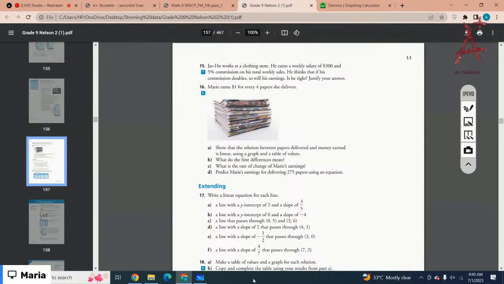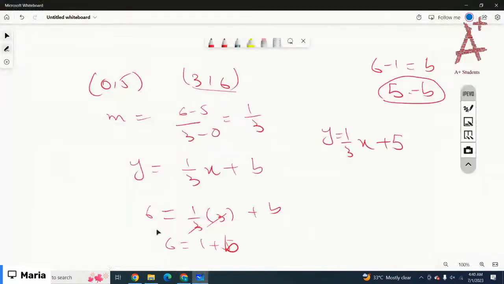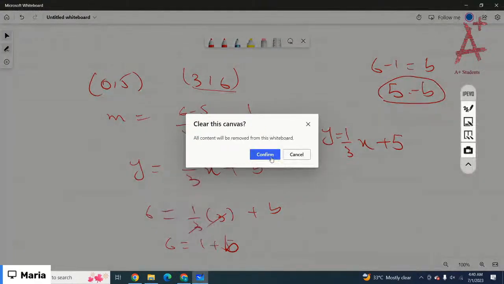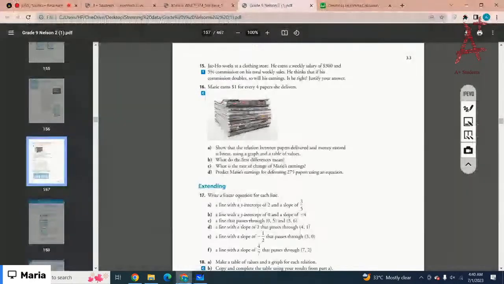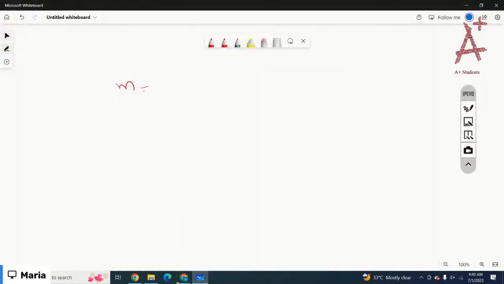Okay, a line with a slope of 2 that passes through the point 4, 1. Slope is 2 and passes through the point 4, 1. So y equals mx plus b. Here m is 2, so y equals 2x plus b, and you have to calculate the b value.